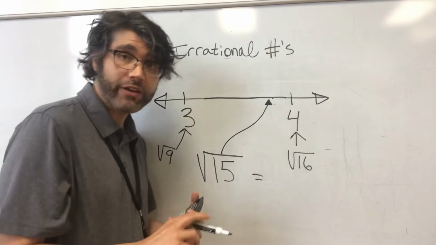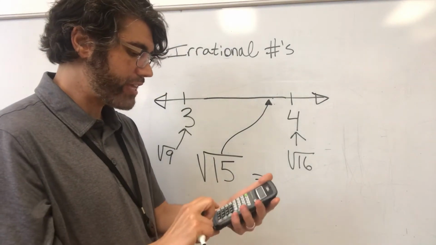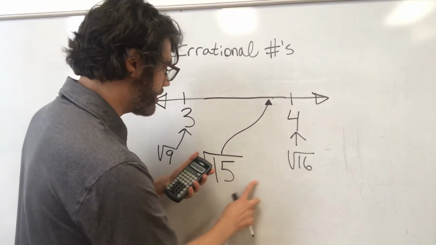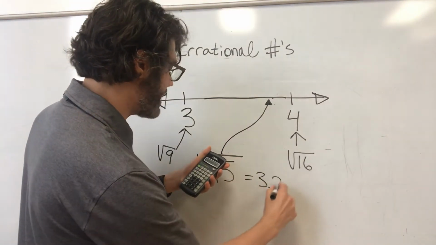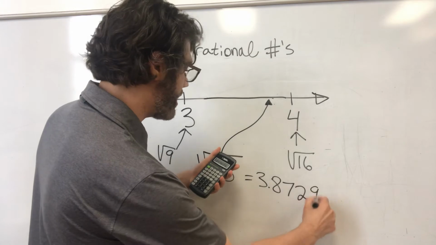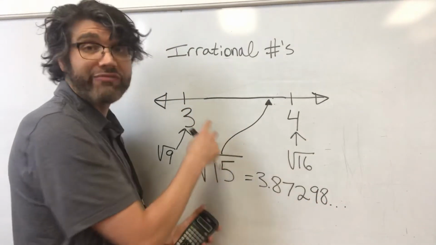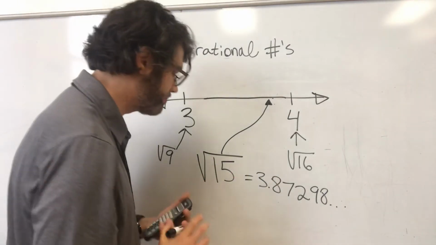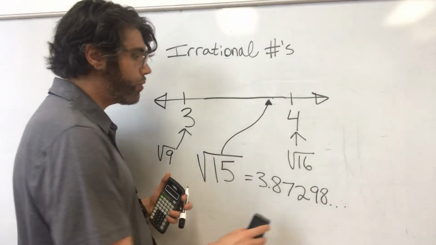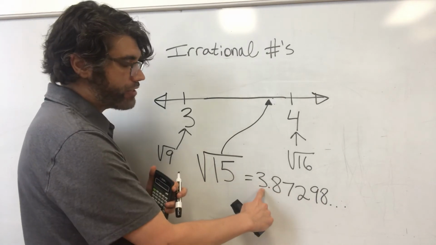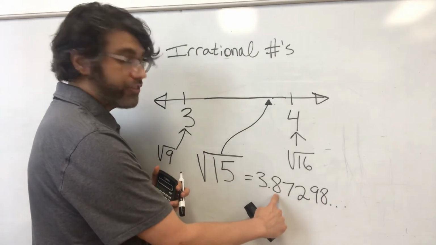Okay, now let's use a calculator. I'm going to type in 15, and I'm going to do the square root. And so the square root of 15 is 3.87298, and it just keeps on going. So 3.8, I mean, that's not bad for not using a calculator. Okay. So now what we're going to do is round to the nearest tenths place.